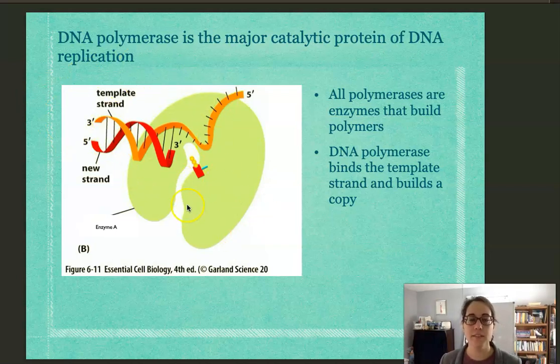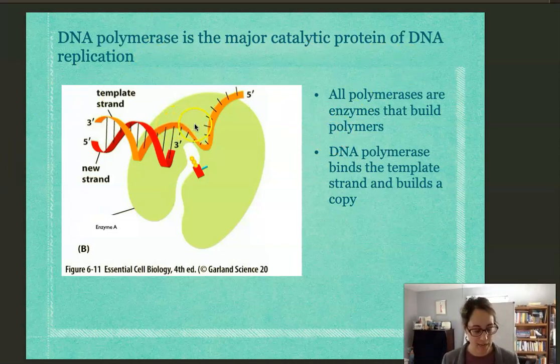So again, this enzyme is called DNA polymerase. We're going to see different types of polymerase throughout the course, and most of them are called blank polymerase. So this one is DNA polymerase. And this is the most important enzyme of DNA replication because it adds the nucleotides. You can't make DNA unless you're adding nucleotides.